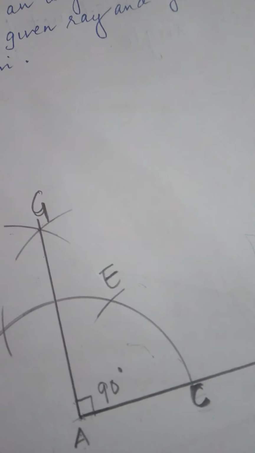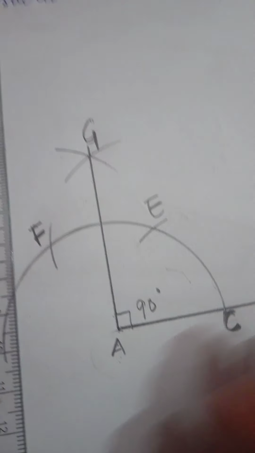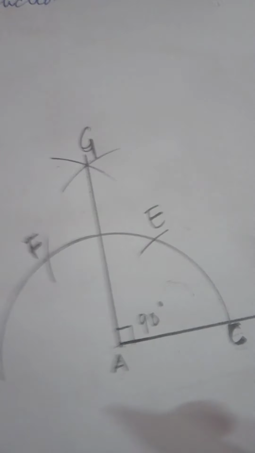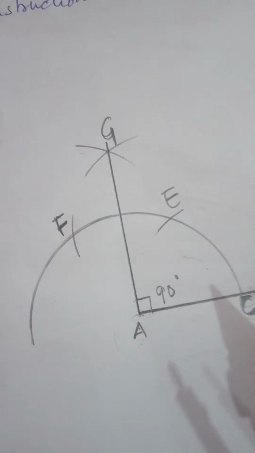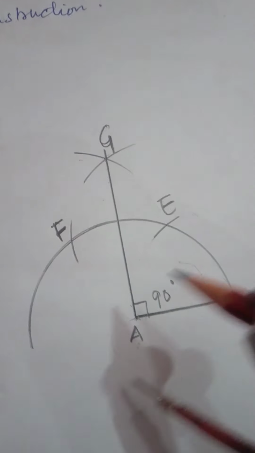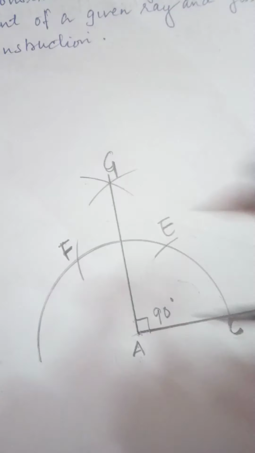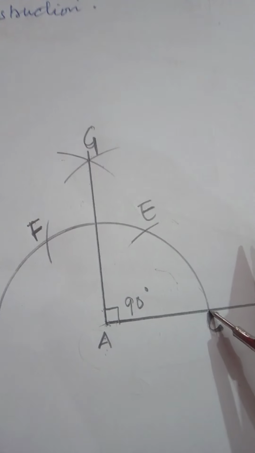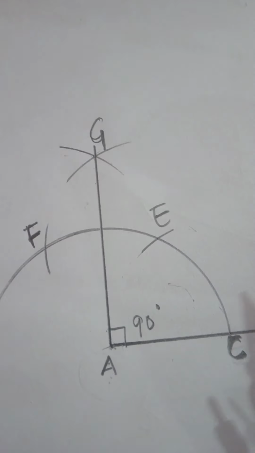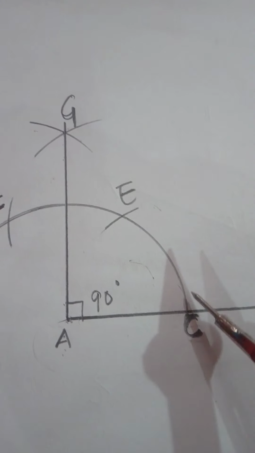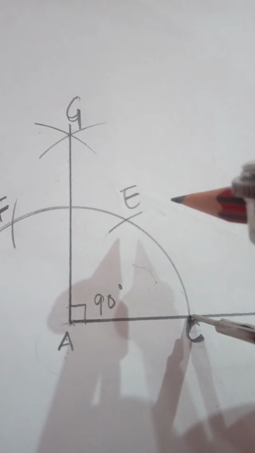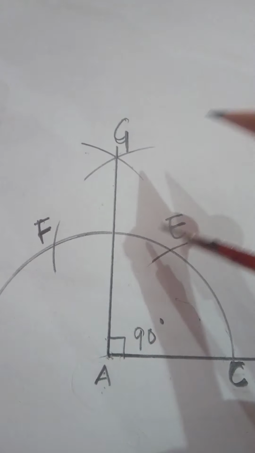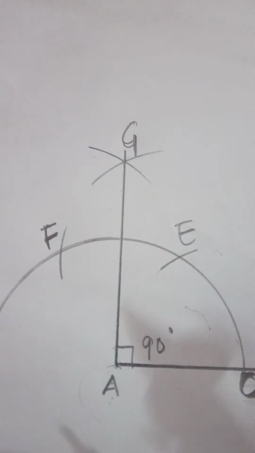Very simple. I'll explain it again. We took the compass with the same measurement of radius, any radius you take. Taking A as the center, mark an arc. We mark that point as C. Earlier I took it as E, but you can take it as C. With the same radius, taking C as the center, mark another arc, and again taking E as the center, mark one arc.